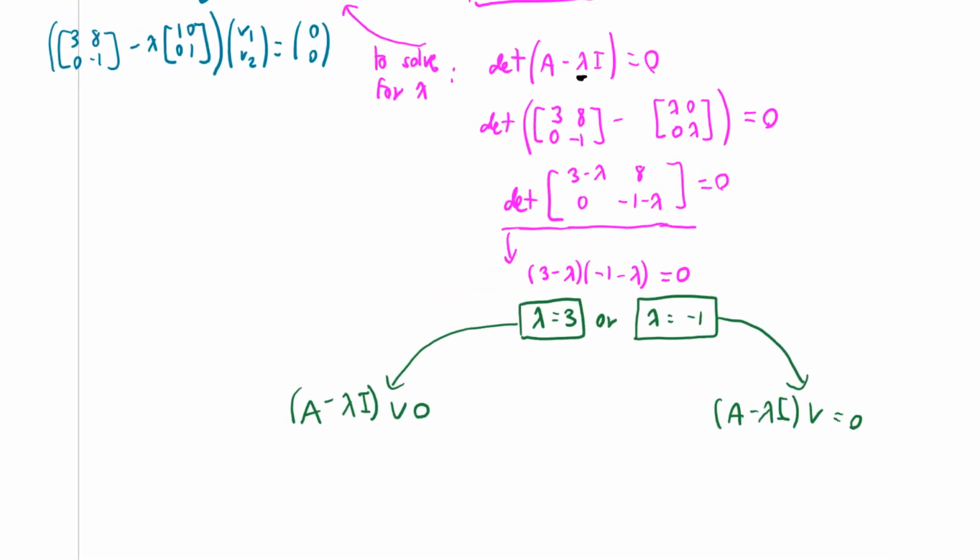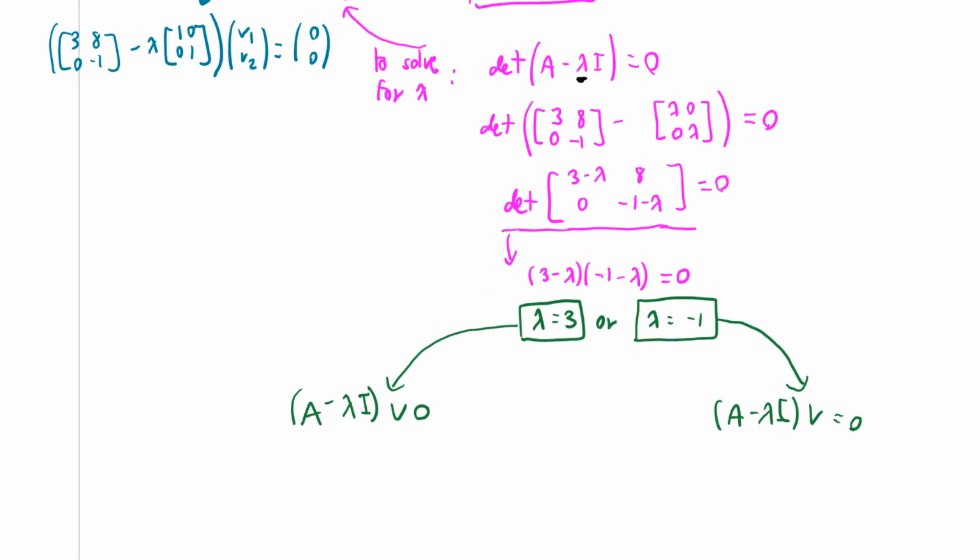So what is A minus lambda I then? Well, if lambda is equal to 3, remember again that my A would be 3, 8, 0, negative 1. So my A minus lambda I would just be 3 minus 3, and then 8, and then 0, and then negative 1 minus 3.